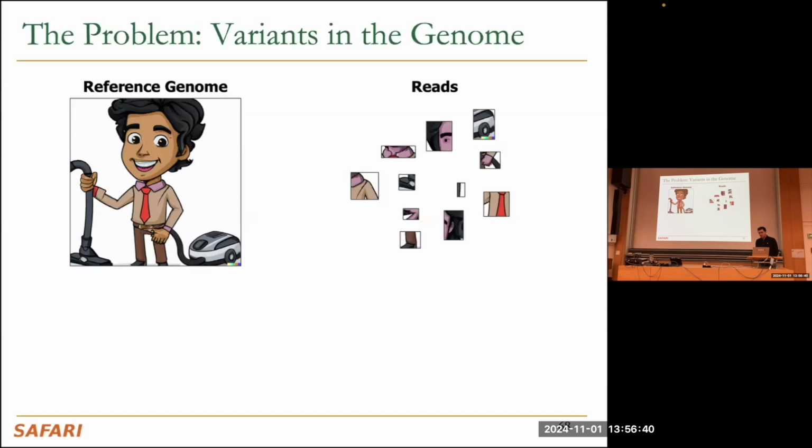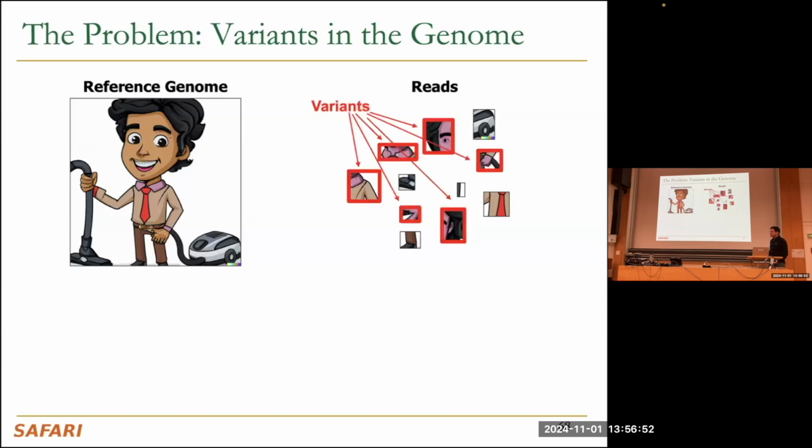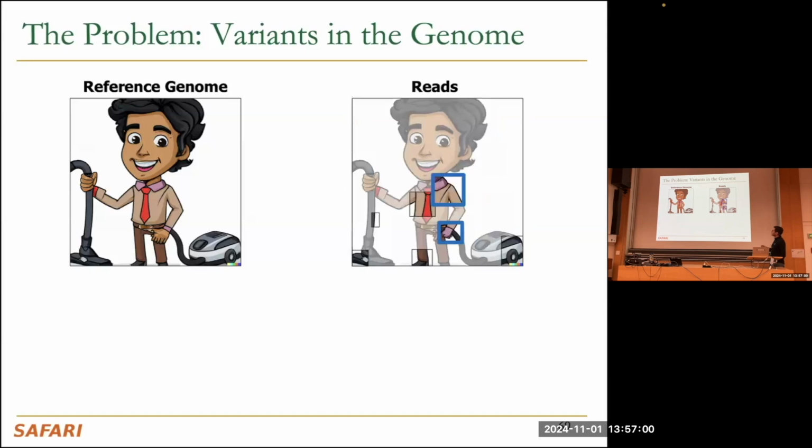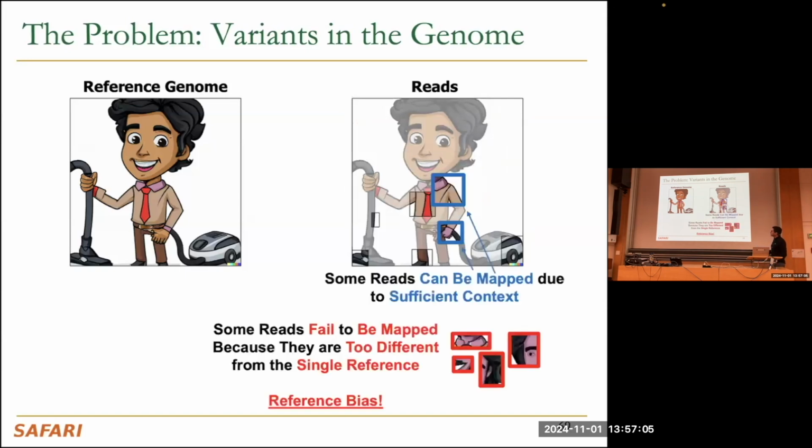But the problem is, if the sample that you're looking at is relatively too different from the reference genome that you're relying on, maybe due to certain huge variations, maybe there are some structural variations that you cannot recover, then this means that you'll only map a few of these pieces, and you'll miss mapping some of the other pieces that are too different from the reference genome.